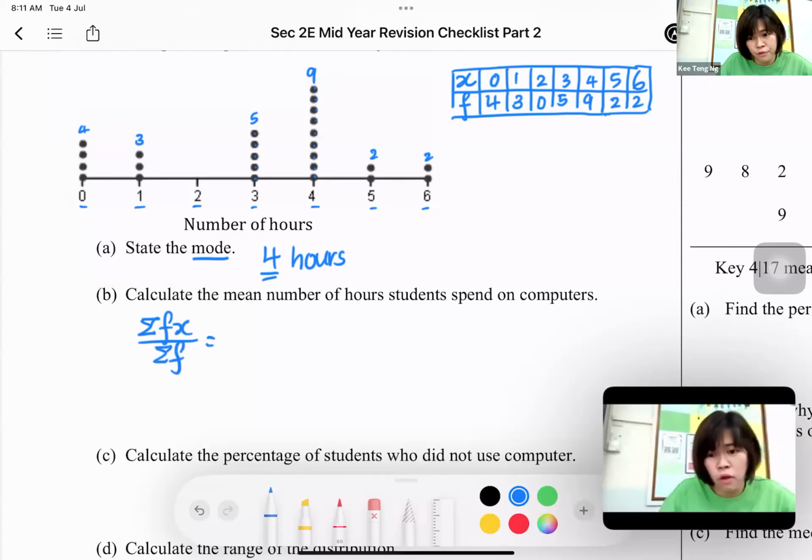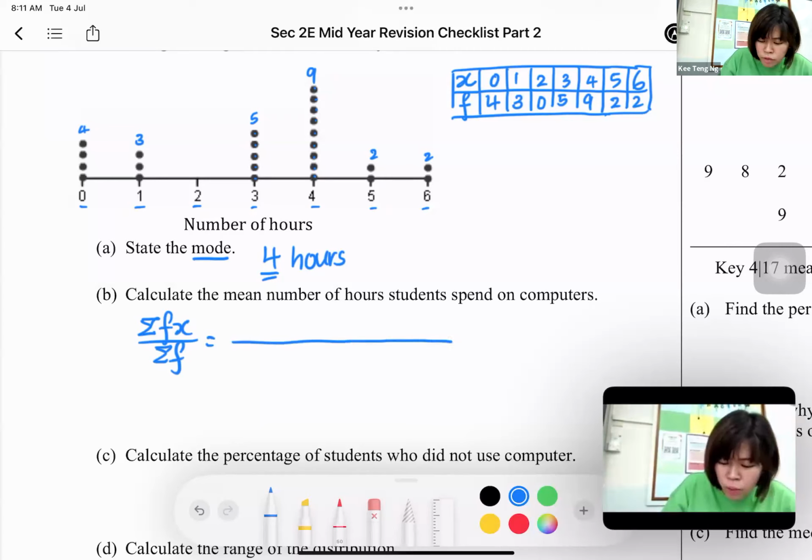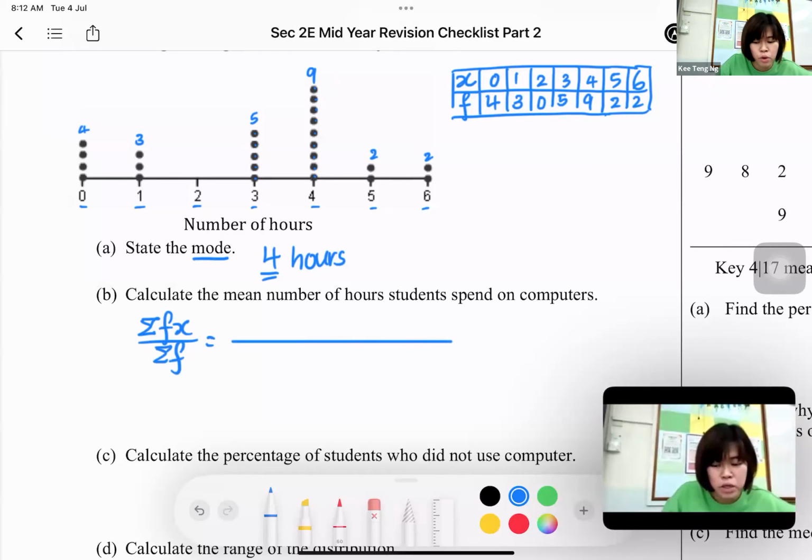You may have long forgotten about this formula, so it's time for you to do some revision. Summation fx means 0 occurs how many times? 0 appears 4 times. There are 4 dots, so it's 0 times the frequency 4. So x value times the frequency, fx.